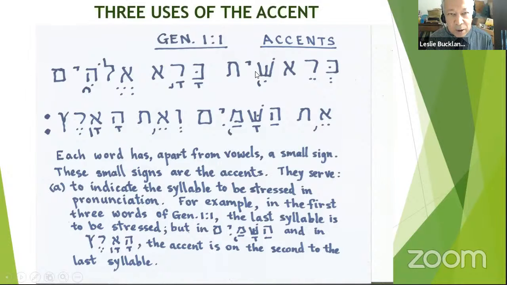So this is bereshith. This other word, notice another accent indicator there. The two syllables are ba, ra. And this is the last syllable of bara. This word has two syllables, and this is the last syllable of bara. What does the symbol mean that I should do to this syllable?